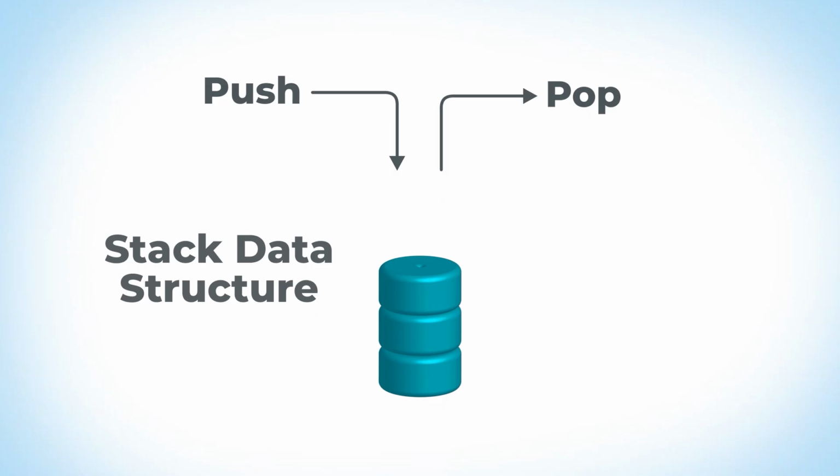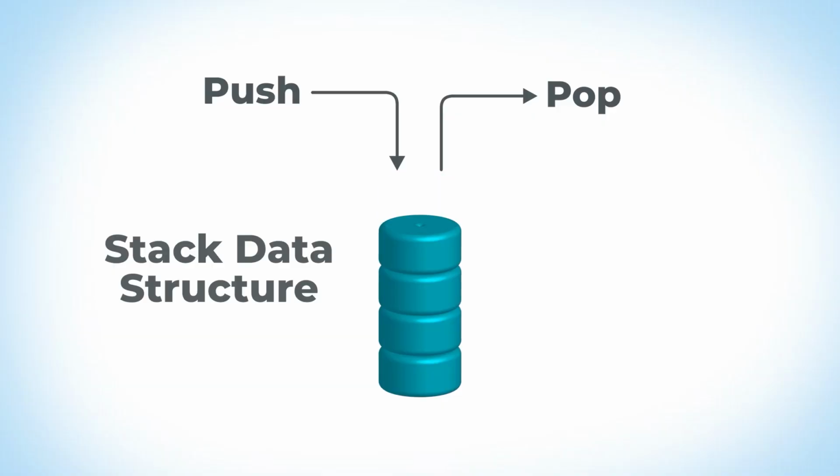Whenever we want to insert an element into the stack, this operation is called a push operation. Whenever we want to remove an element from the stack, this deletion operation is popularly known as the pop operation.